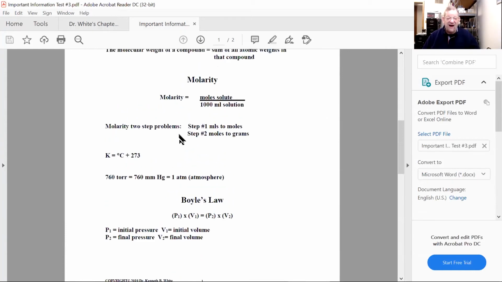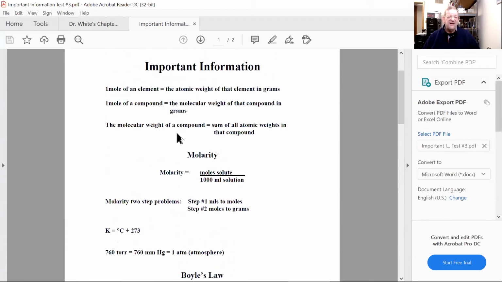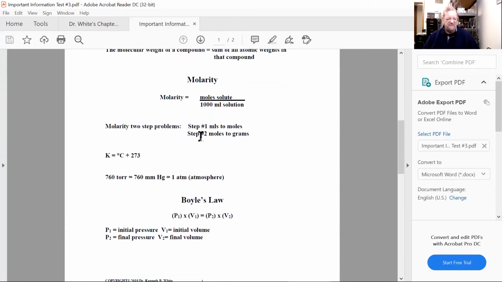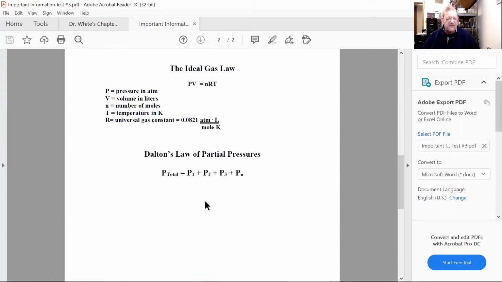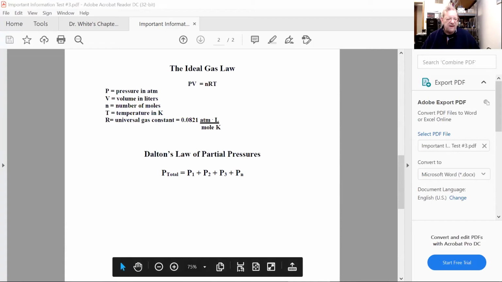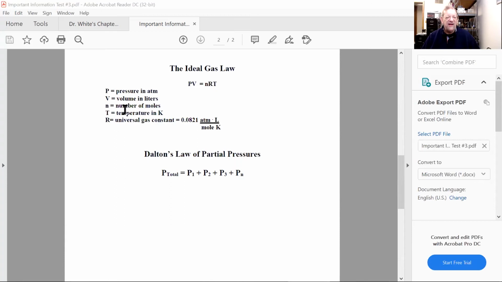In case you forgot, top of important information, test number 3, 1 mole of a compound equals the molecular weight of that compound. And T is temperature, and it has to be Kelvin.